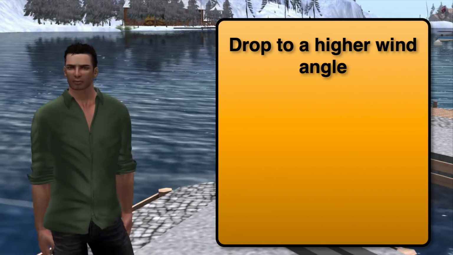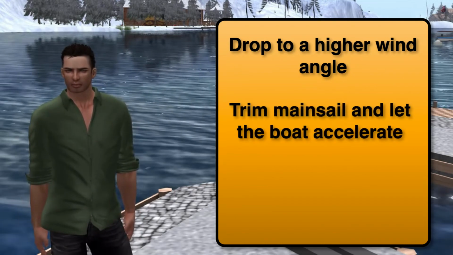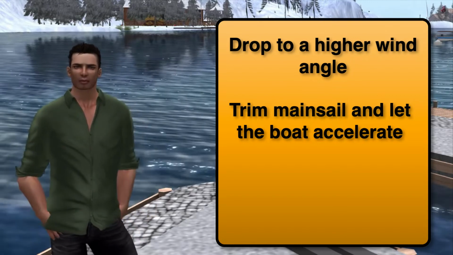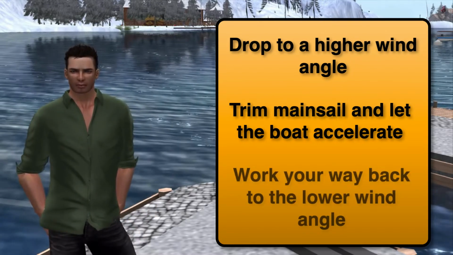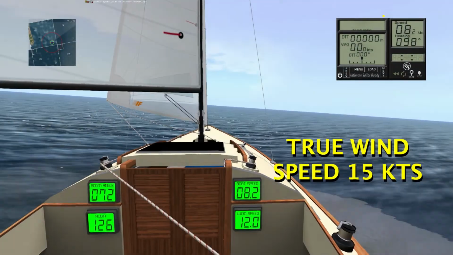If the spinnaker still luffs, drop down to a little bit higher wind angle, readjust the mainsail, and as the boat speed increases, gradually work your way back up to 125 degrees.